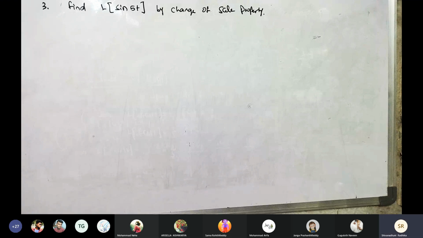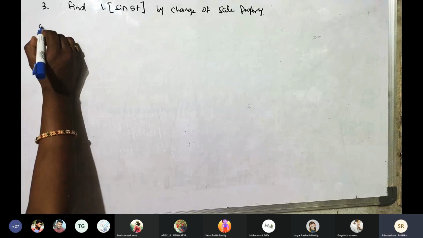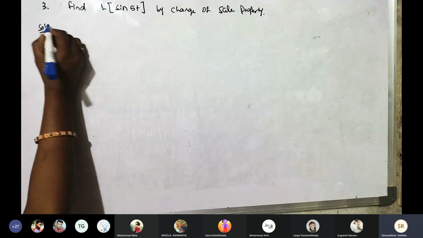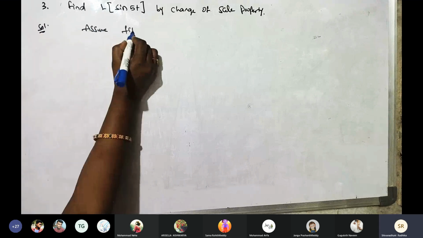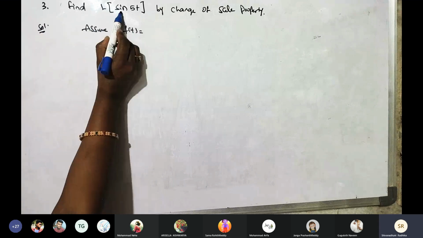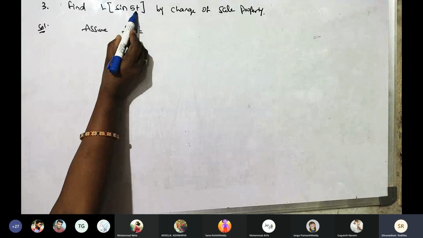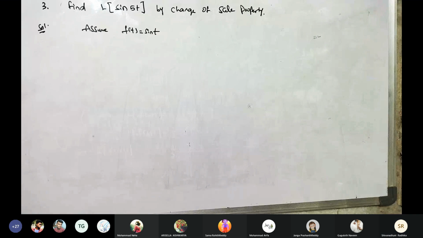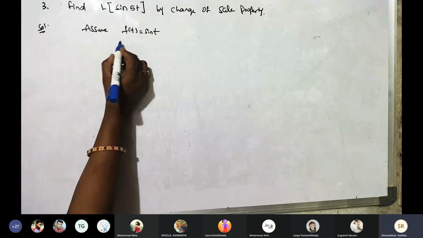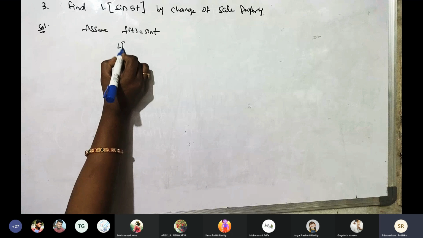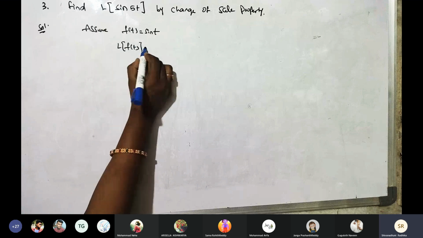We don't have any function f of t here, but we need to take the basic formula. Assume f of t equals sin 5t, which is related to sin t. Now, what we need to find immediately is the Laplace transform: L of f of t equals L of sin t.